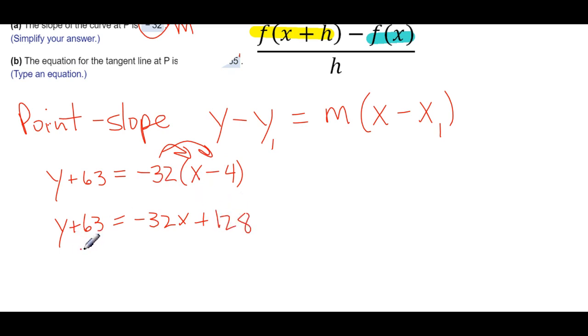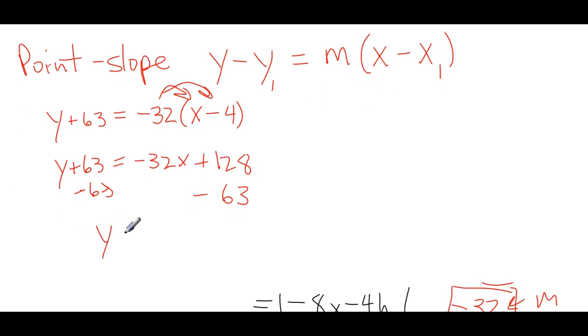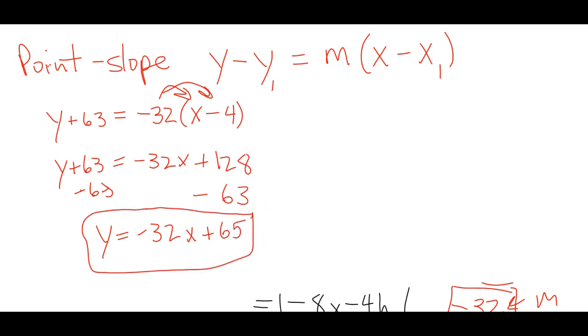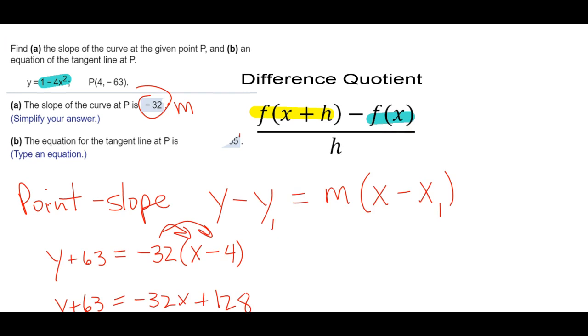And then we're going to subtract the 63 from both sides. So y is equal to negative 32x. And then 128 minus 63 is going to be positive 65. So there is our tangent line to this thing.